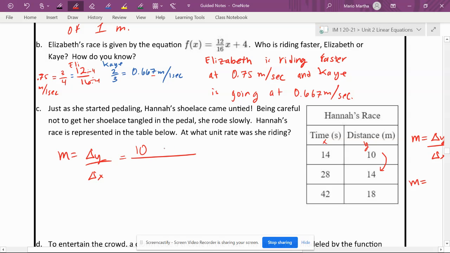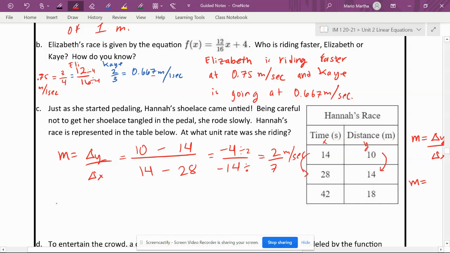So 10 minus 14, and then 14 minus 28. That gives us -4 on top, divided by -14 at the bottom. A negative divided by a negative is a positive, and then both of these have a factor of 2, so divide both by 2. So that gives us 2/7 meters per second.